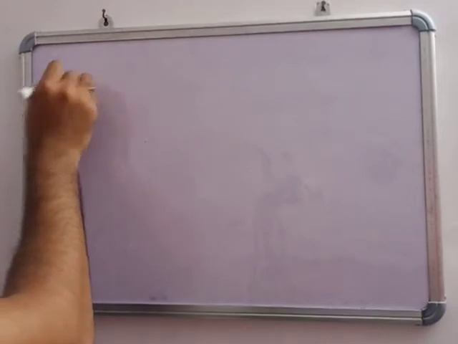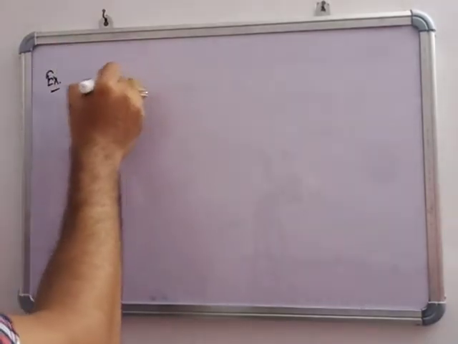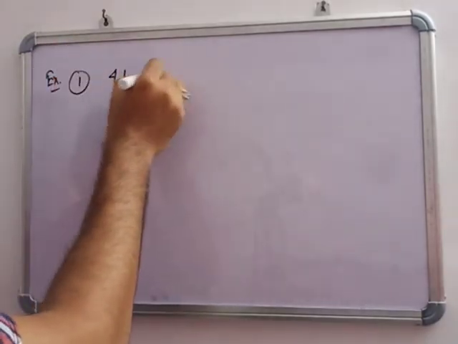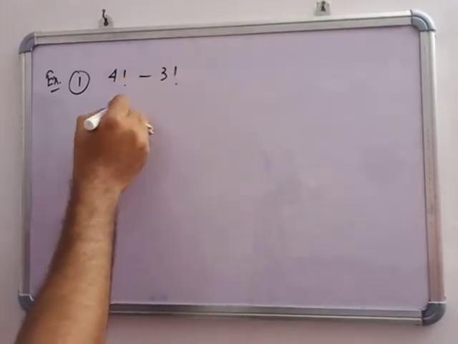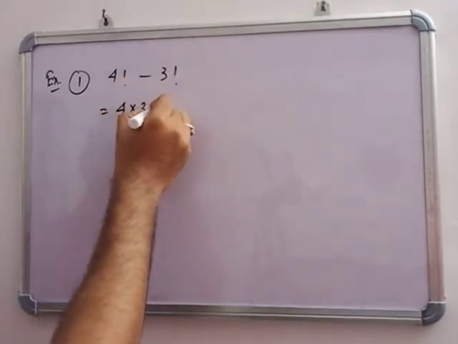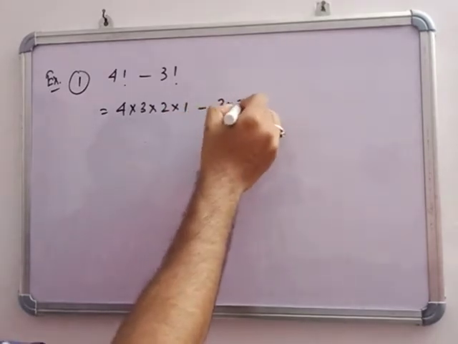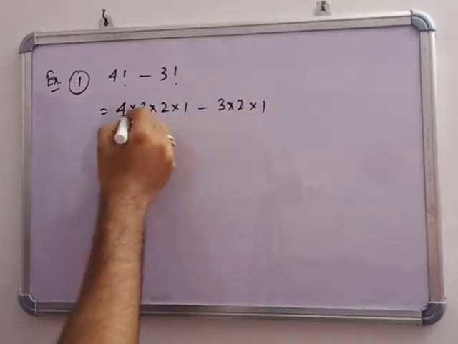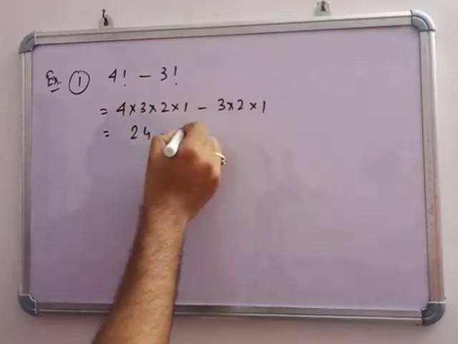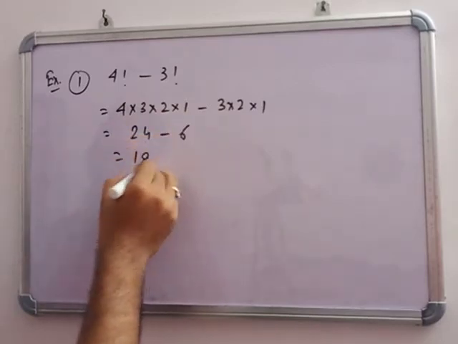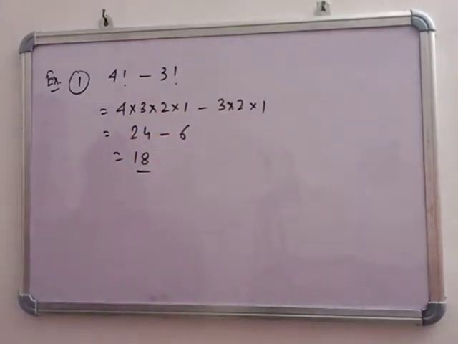So, for example, number 1: 4 factorial minus 3 factorial. 4 factorial means 4 into 3 into 2 into 1, and 3 factorial means 3 into 2 into 1. That means it is 24 minus 6, that means 18. So 18 is the answer.